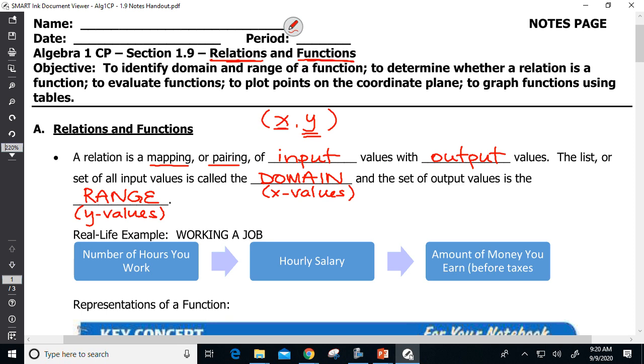Of course, a real life example of all this is you working a job. If you've already worked a job before, then you already know how this works. The number of hours you work would be your x values. That's your input values. That's your domain. The relationship is your hourly salary.